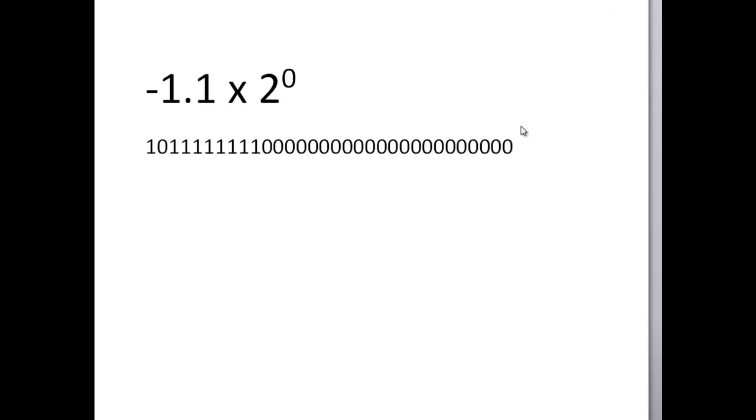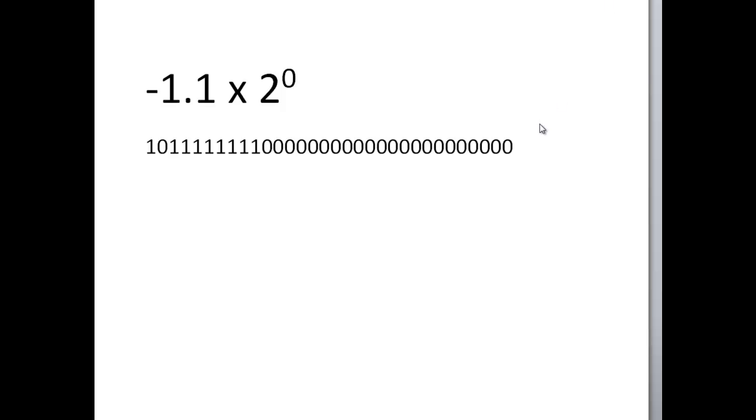Just making sure I've done that. 1, 2, 3, 4, 5, 6, 7, 8. So there's the 8 bits for the exponent, and now we just need to have the mantissa, and we've got that right in front of us. It's actually 0.1, because we said this was a binary number, and so now we've got the other digits to put in, which gives us this number.